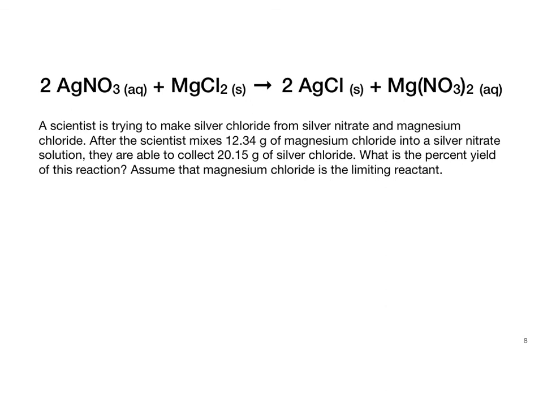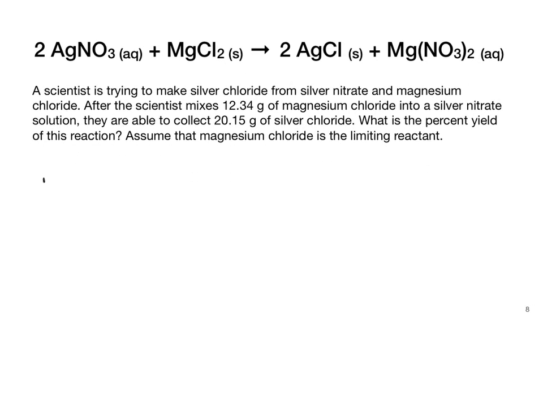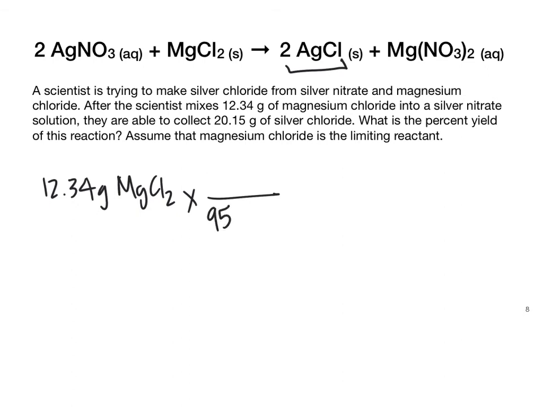And so in this case, it tells us that magnesium chloride, because it's the only thing we got, is the limiting reactant. So from here, we're going to take our 12.34 grams of magnesium chloride, MgCl2. We're going to convert that over to silver chloride, which is this one. So it's 95.12 grams of magnesium chloride in 1 mole of magnesium chloride.